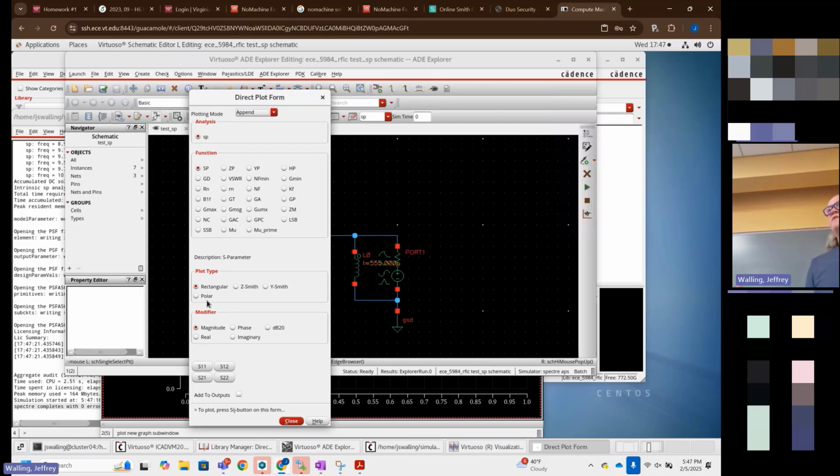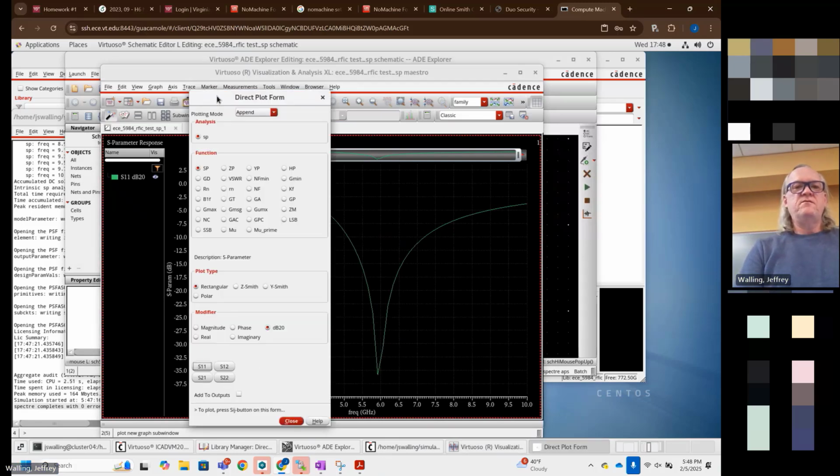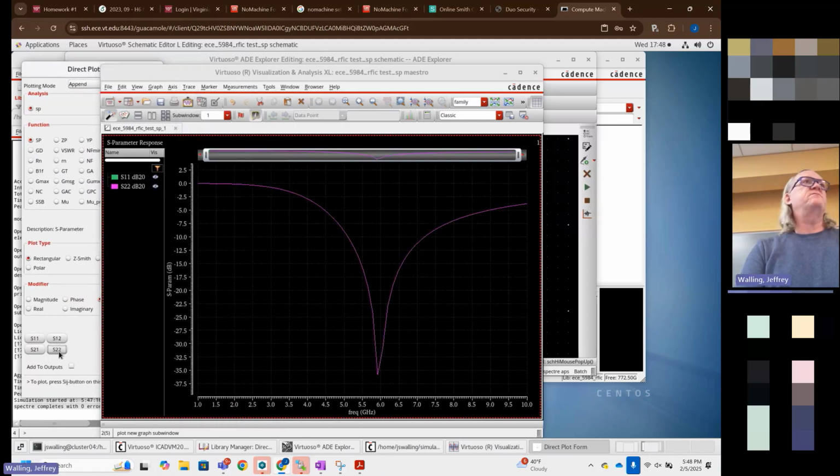To check the quality of the match, generally we want to look to see what the reflection coefficients are at the input and output. Remember, we're not looking exactly at the reflection coefficient, but we're going to look at the magnitude of S11 and the magnitude of S22.